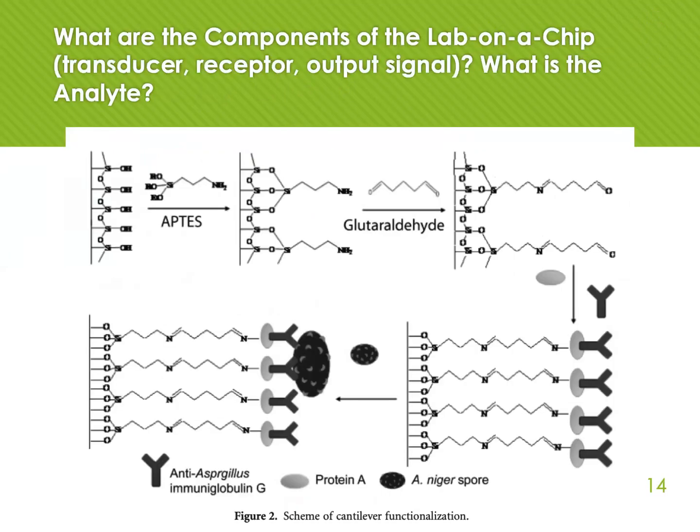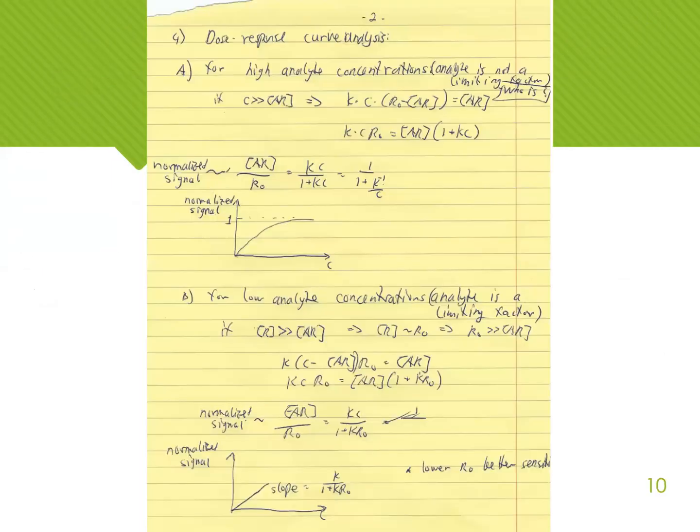Remember that we said here in B that in a very low analyte, and now the analyte is the spores, right? And the receptor is the antibody. So if we want to increase the sensitivity, we need to decrease R0.